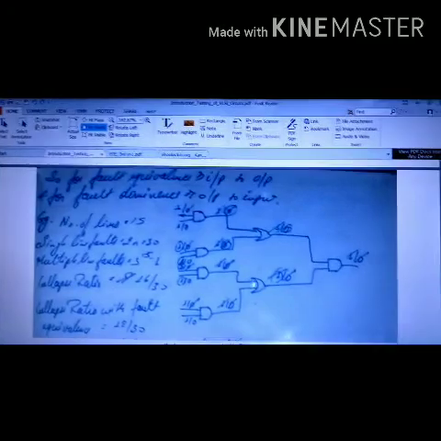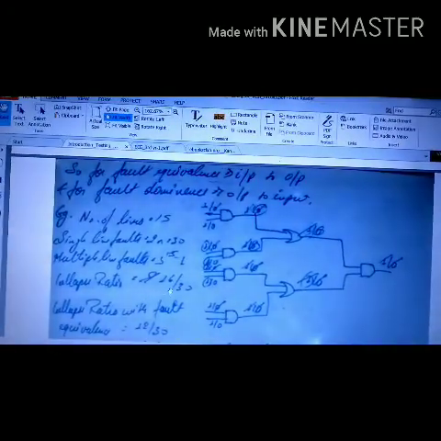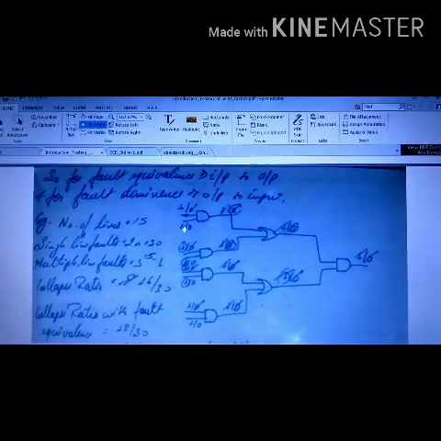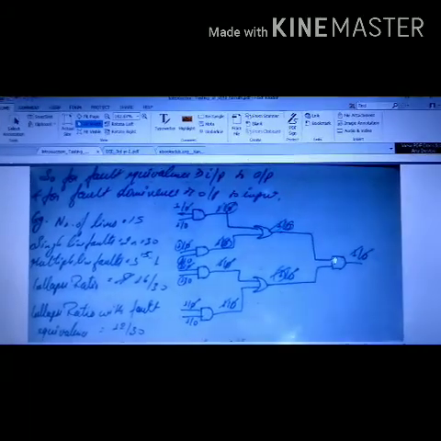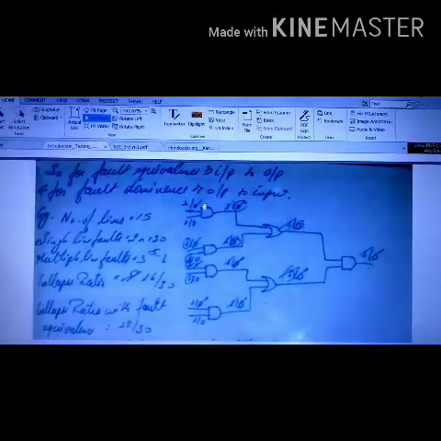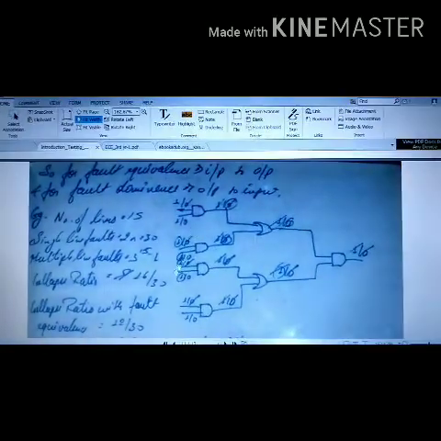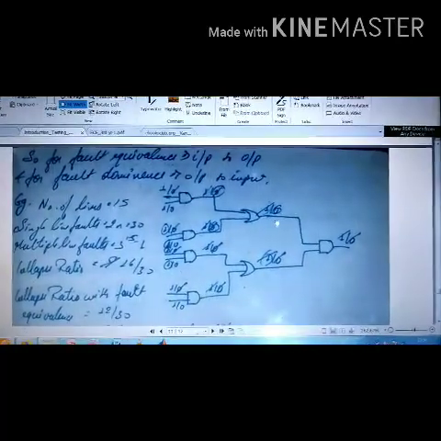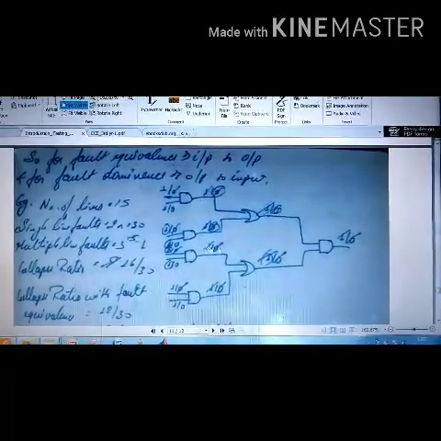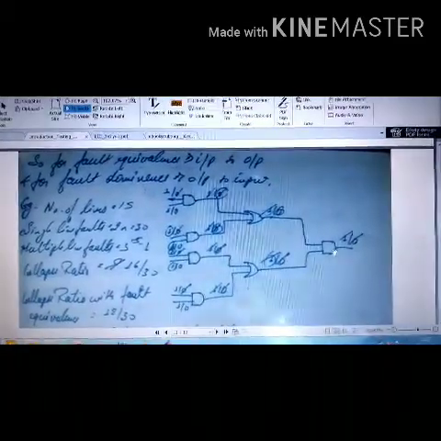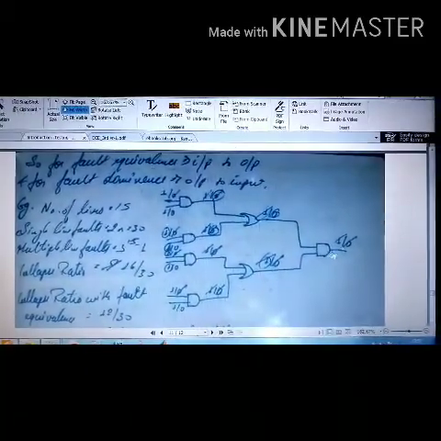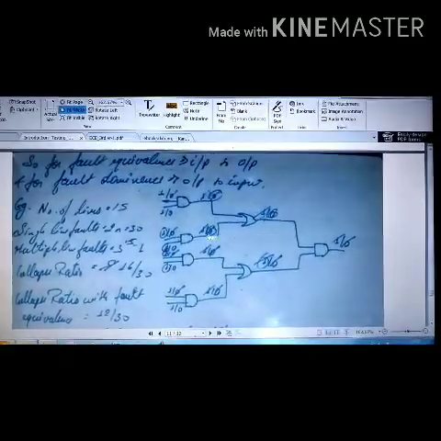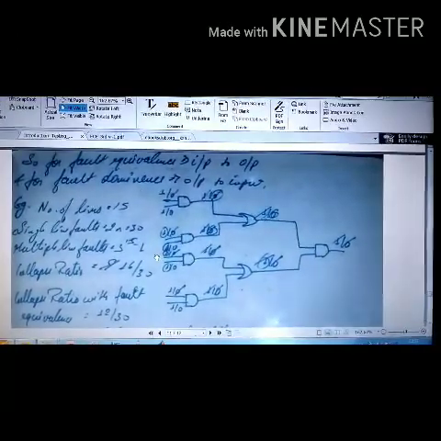Previously we have seen that its collapse ratio is 16:1, because when we are taking stuck-at faults, 1 and 0, 1 and 0, and so on for each line. For the AND gates, stuck-at 0 faults were cancelled, and for the OR gates, stuck-at 1 faults were cancelled everywhere. Because of this cancellation, out of 30, 14 faults got cancelled.